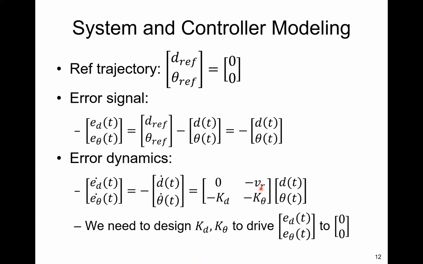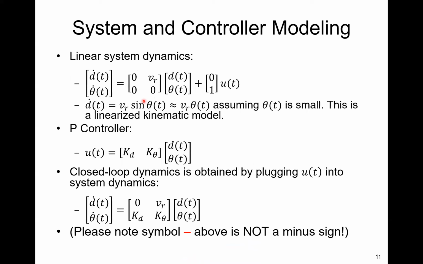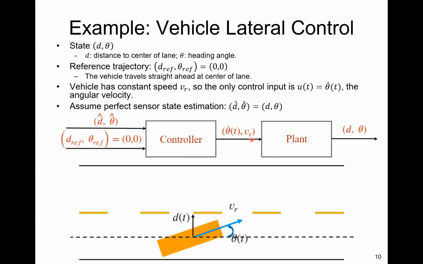If you go back to the system equation here, we made an assumption at this point. This assumption requires theta to be small. If you don't remember, theta is the steering angle, your wheel direction versus the forward direction.